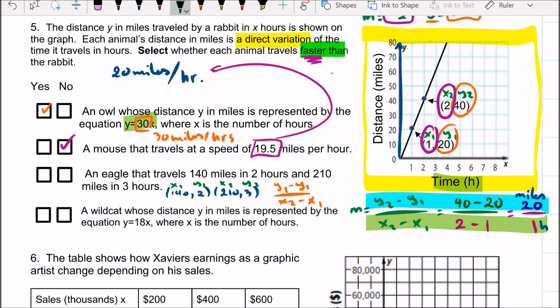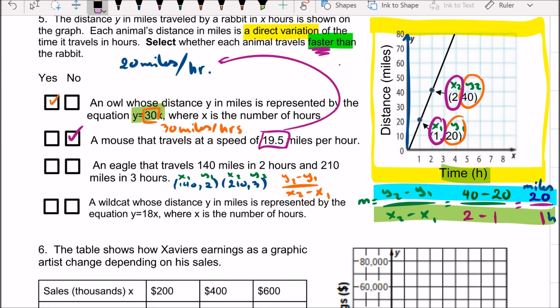Ooh, it's quite different. I think I need to order my points, because based on this graph, the hours have to go first and miles go second. So I'm going to switch this point to 2 hours and 140, and this is 3 and 210.